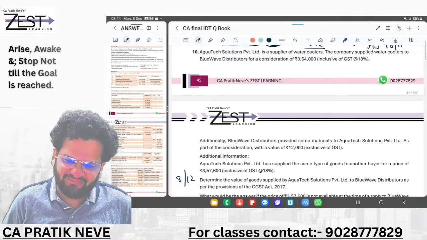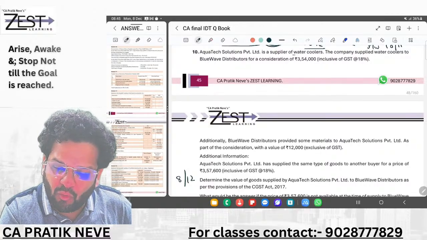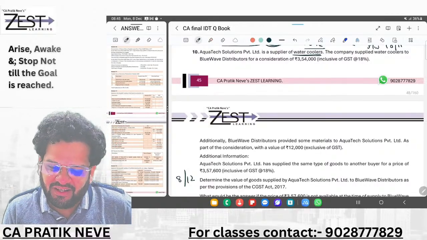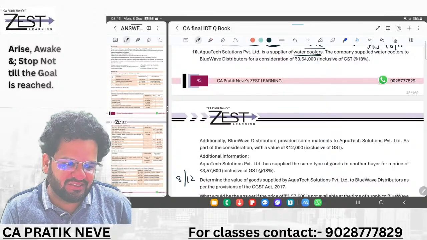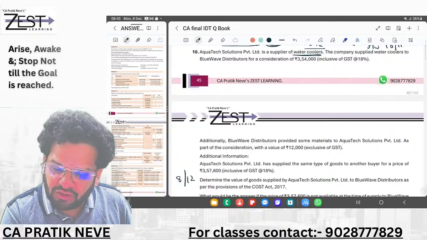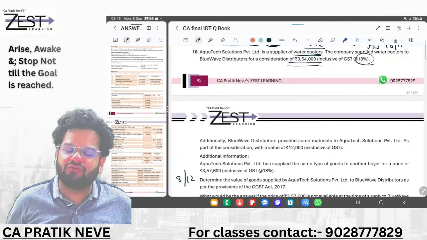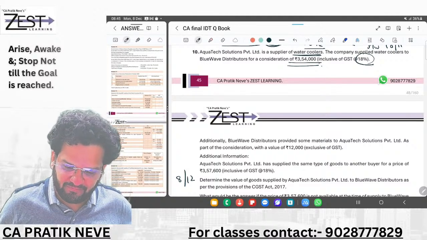Aquatech Solutions Private Limited is supplier of water coolers. The company supplied water coolers to Blue Wave Distributors for 3,54,000, including GST of 18%.